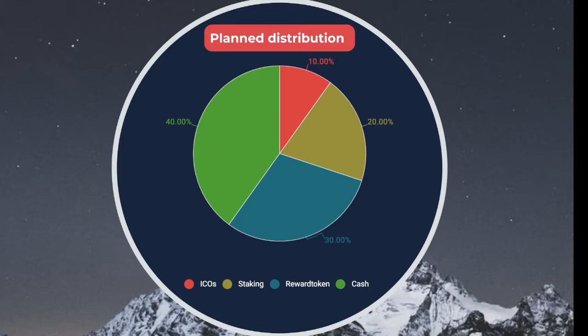40% here is displayed as cash. It is displayed as cash because this is just a reserve which we can use later on. This cash reserve we mainly hold in BNB at the moment, since we have only been investing very early on in different BSC projects.